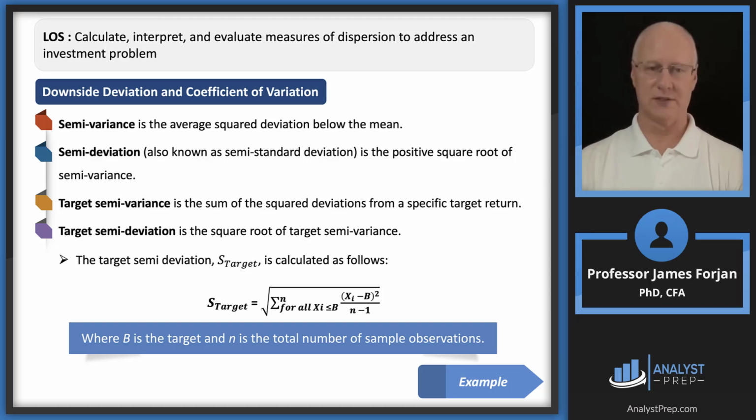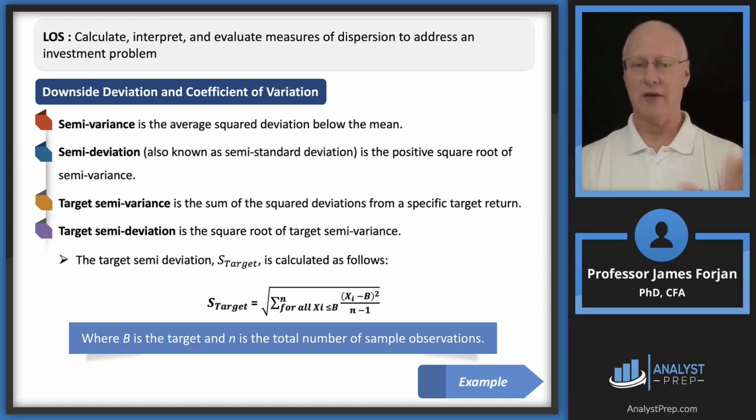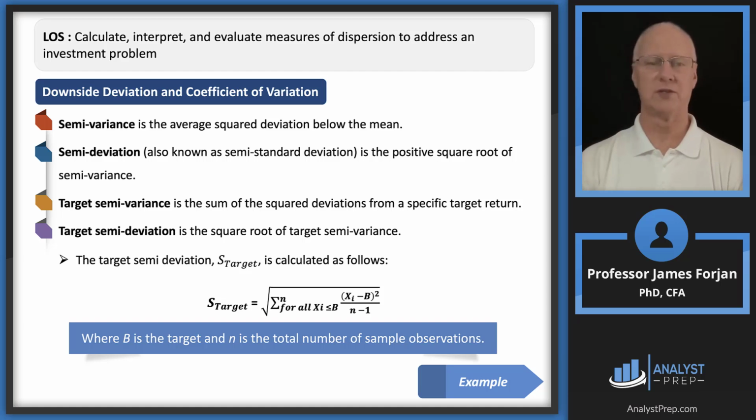And we have the target semivariance and the target semi-deviation. So what we can do is we just compute the semi-deviation with the mean of the distribution like we just did before. If we're doing the target semi-deviation, we could just throw some number in there. We could say, you know what, I want to worry about when my portfolio value falls less than 10% or 12% or 100% or whatever that number is.